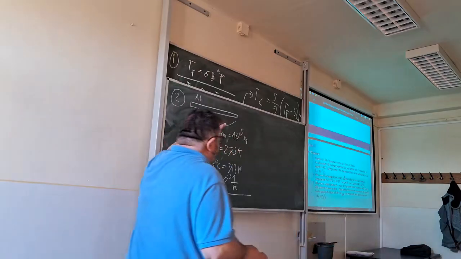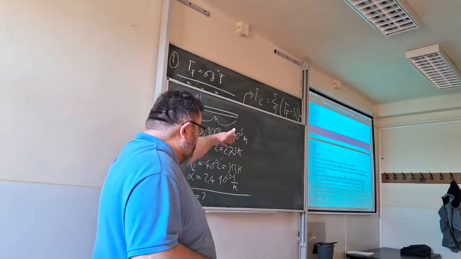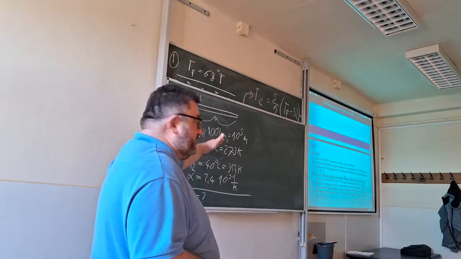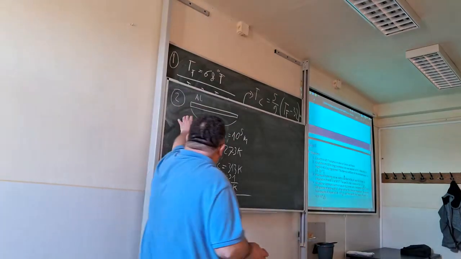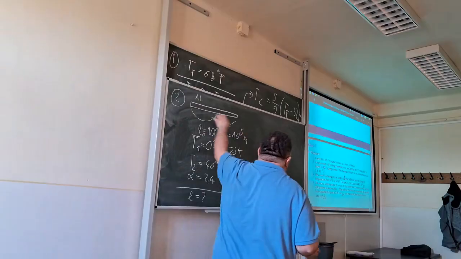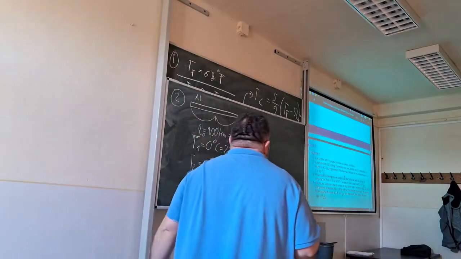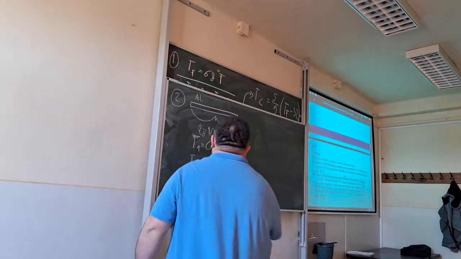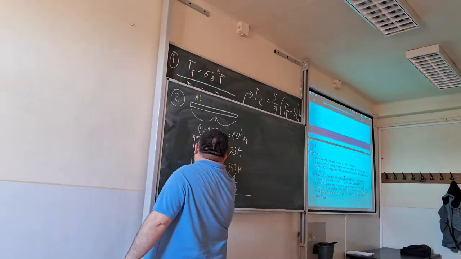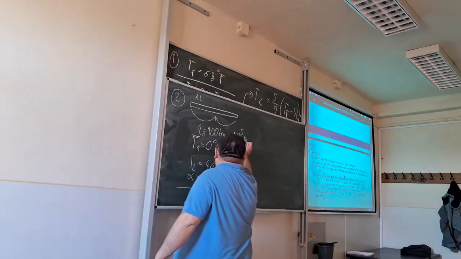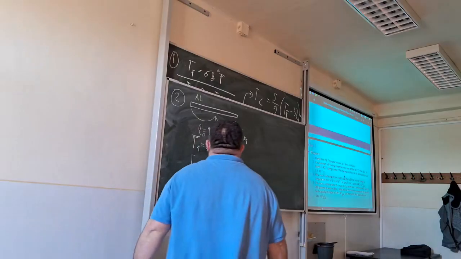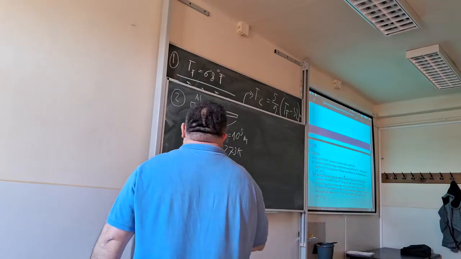So, the first thing, you read the exercise. The second, you understand. You need to draw something. We have this aluminium transmission line. That's 100 kilometer long, so 10 to the 5 meter long.